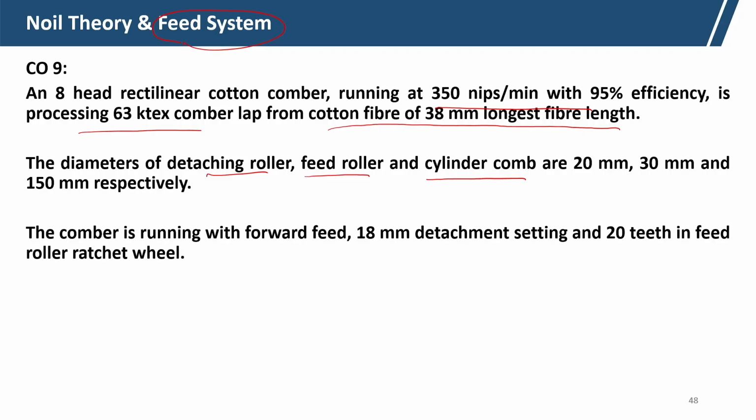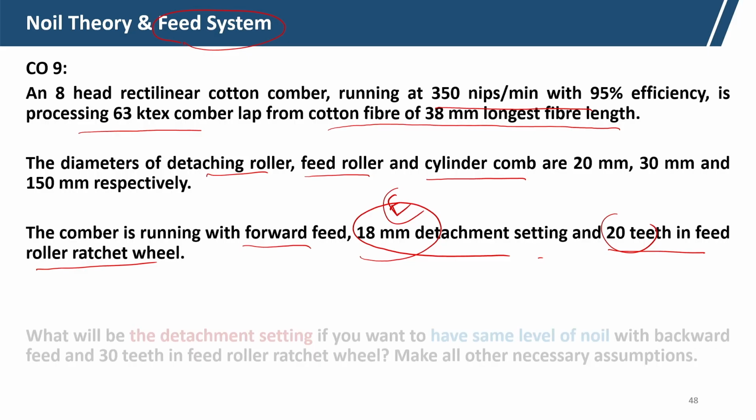The comber is running with forward feed and 18 detachment setting. So, E is 18 with 20 teeth in the ratchet wheel. That means, for one feed cycle there will be one tooth movement of the ratchet wheel.